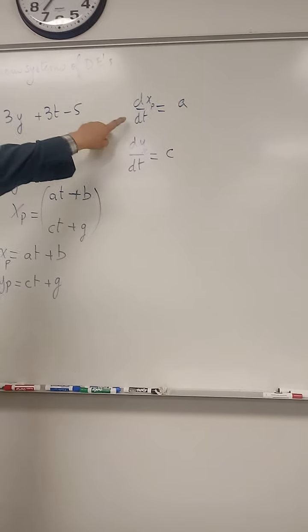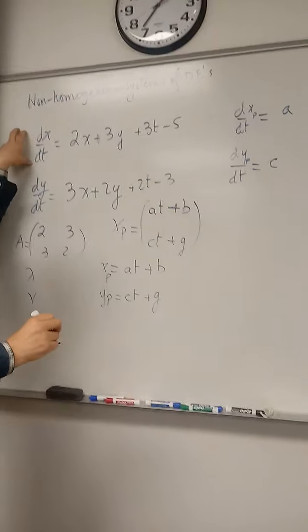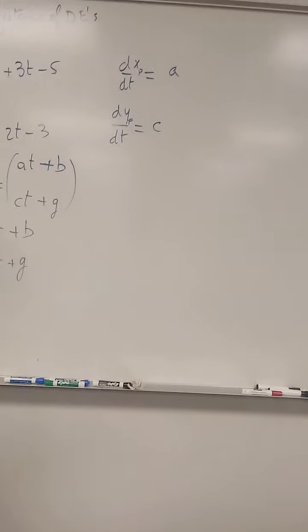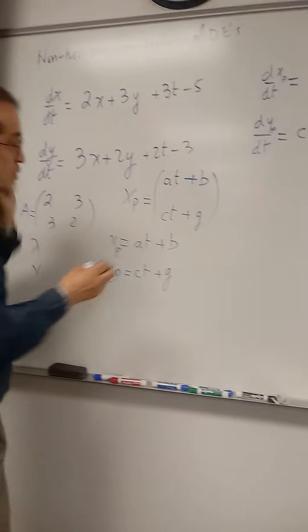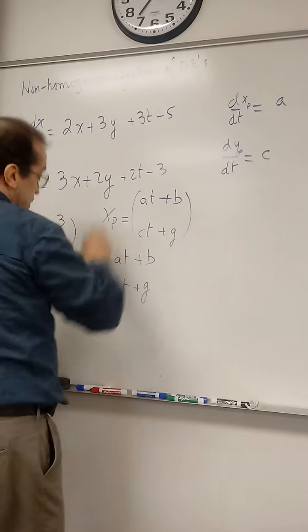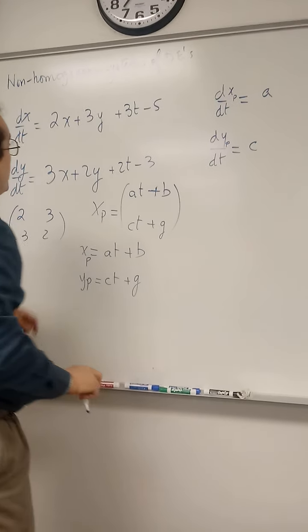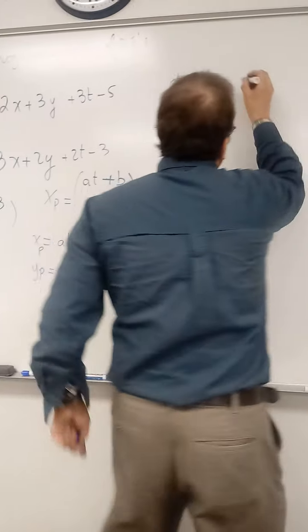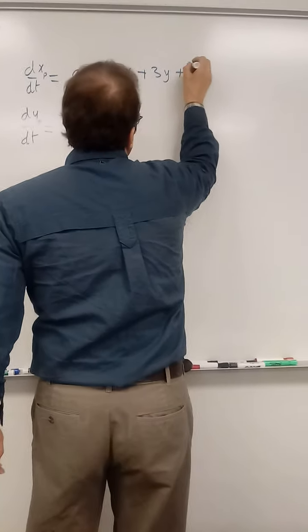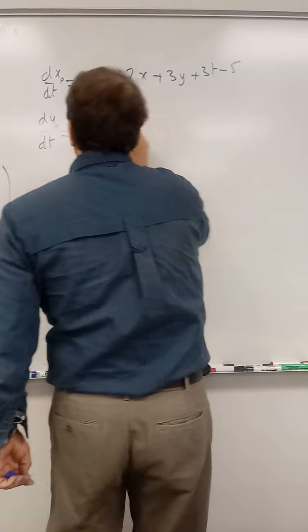And dx dt is going to go on the left side of this equation. dy dt is going to go on the left side of the second equation. What do we put on the right side? You put 2 times x, which is 2 times all of this, plus 3 times all of this, plus 3t minus 5. So I'm going to write this as equals 2x plus 3y plus 3t minus 5.